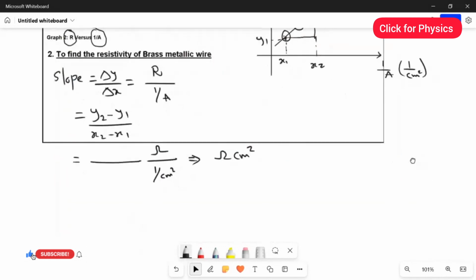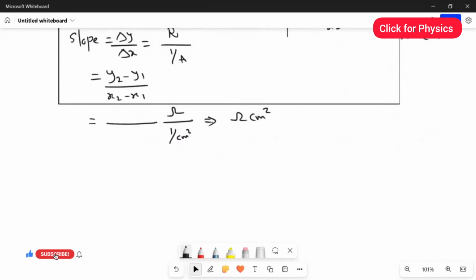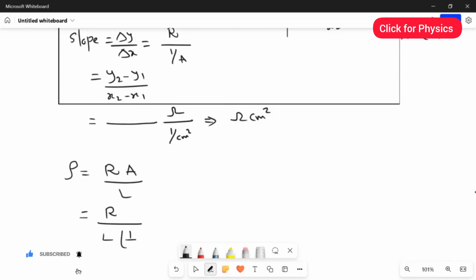For that, again we use the resistivity formula. Resistivity rho equals resistance multiplied by area divided by length, right? I can re-modify this equation as resistance divided by L multiplied by 1 over area.